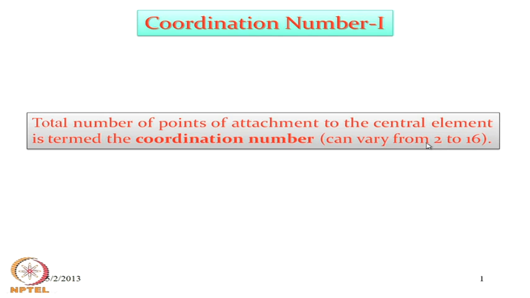Similarly, very smoothly we can go from a coordination number of 2 to 6. 6 will give us a corresponding octahedral geometry, and beyond that it can go up to 16, where we can have some heavy metal centers like lanthanides and actinides, which have a size relatively bigger, like a tennis ball, compared to the 3D metal ions. So, it can attach more donor atoms and have more points of attachment, and it can have the corresponding coordination number up to 16.